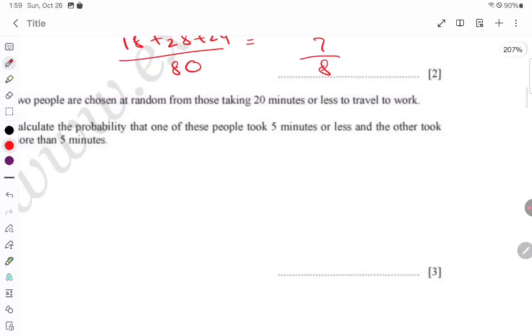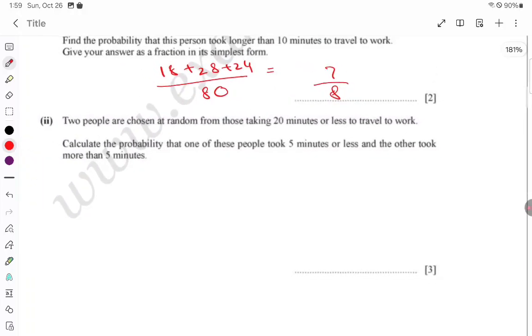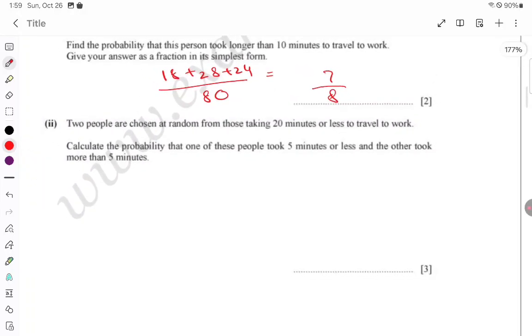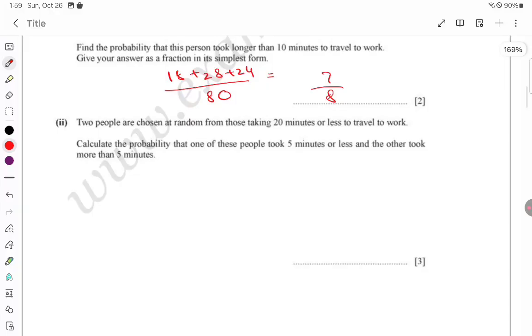Now, two people are chosen at random from those taking 20 minutes or less to travel to work. Calculate the probability that one of these people took 5 minutes or less and the other took more than 5 minutes. So for less than 5 minutes, it will be 3 plus 7 plus 18.